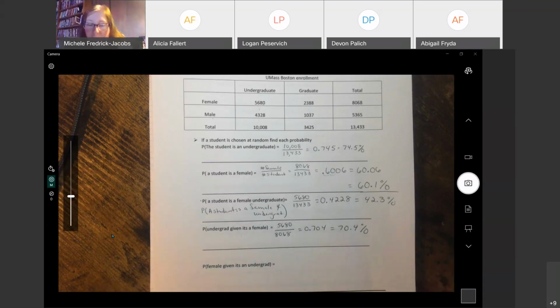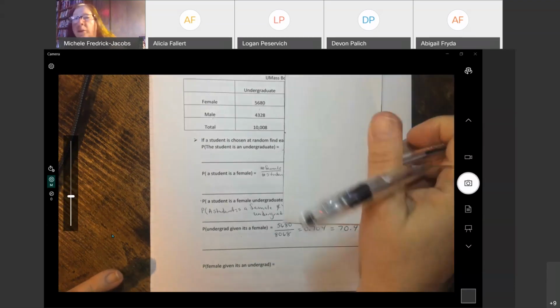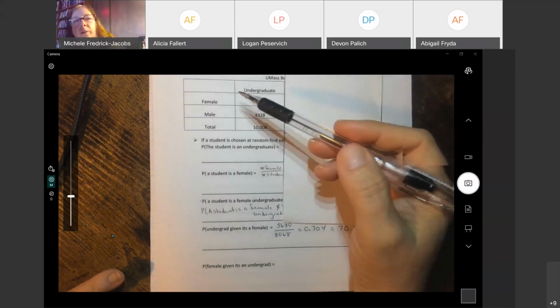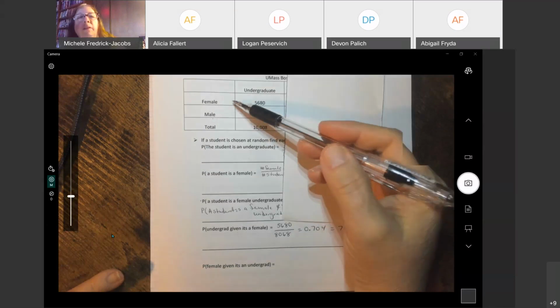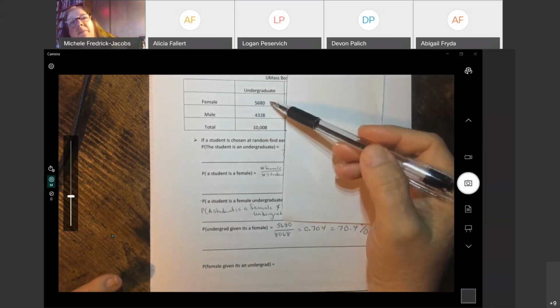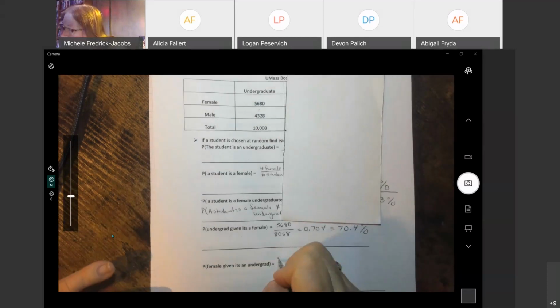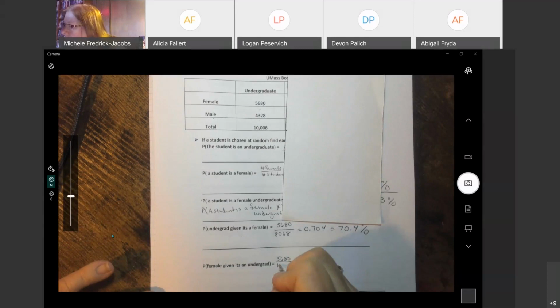56.8. That's what I got. So since it says female given it's undergraduate, we only use the undergraduate column. And we wanted the probability it was a female, so that would be the 5680, but it's out of 10,008. So 5680 out of 10,008.